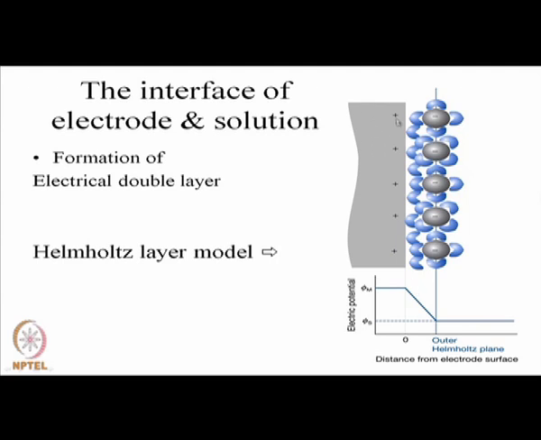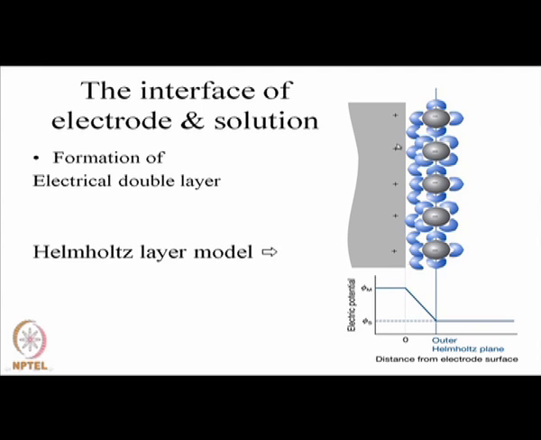Plus charge may be accumulated over here and minus charge here, so each plus is attracted by a minus. As a result you have a layer of plus charge and a layer of minus charge. It is called the electrical double layer, which is formed when you dip a piece of metal in a solution containing electrolyte.